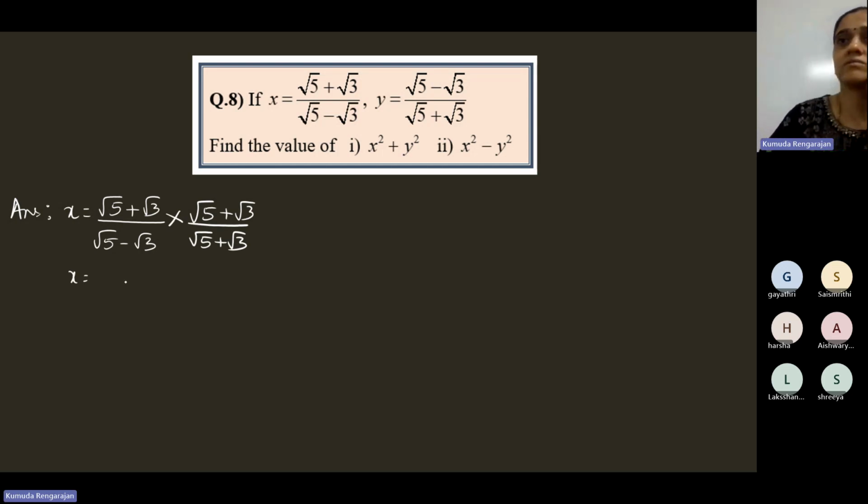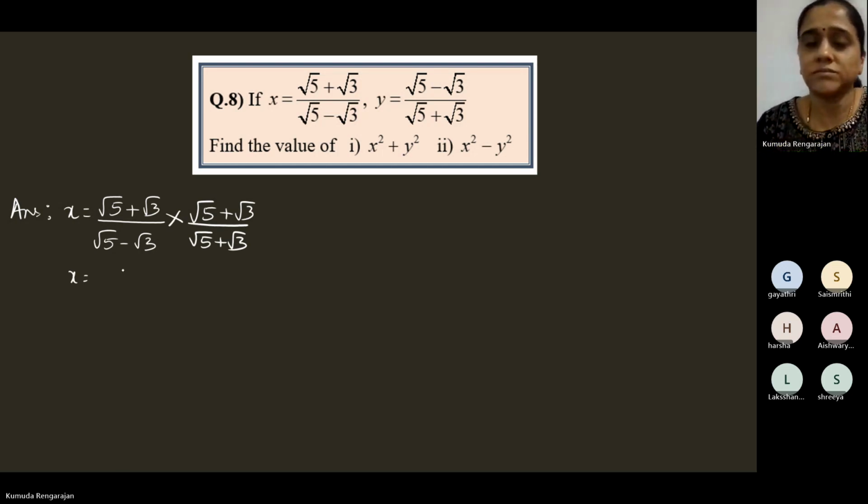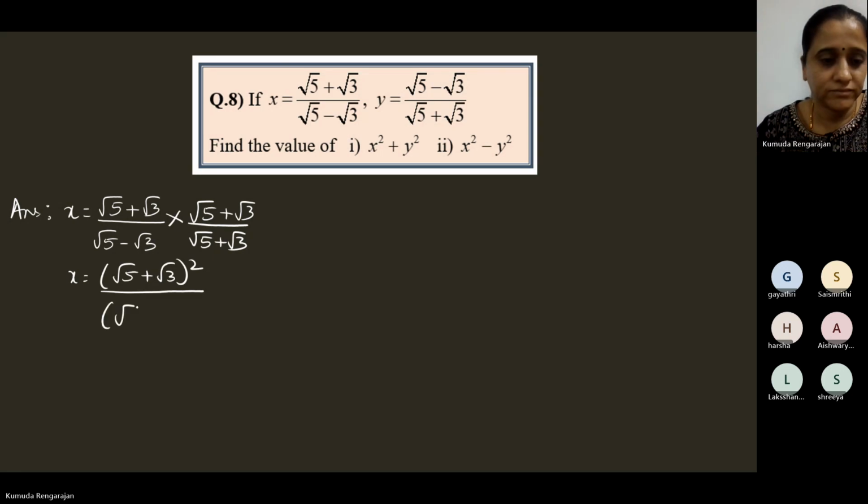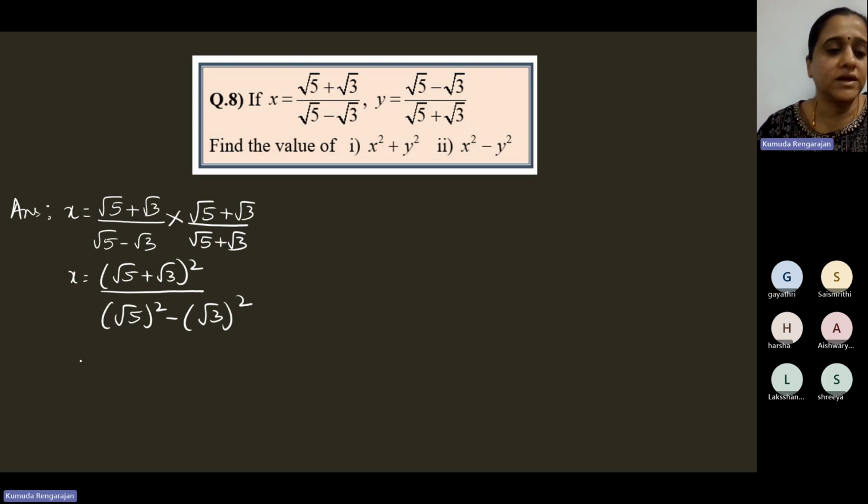What's the next step? Root 5 plus root 3, the whole square by... Correct. Next.